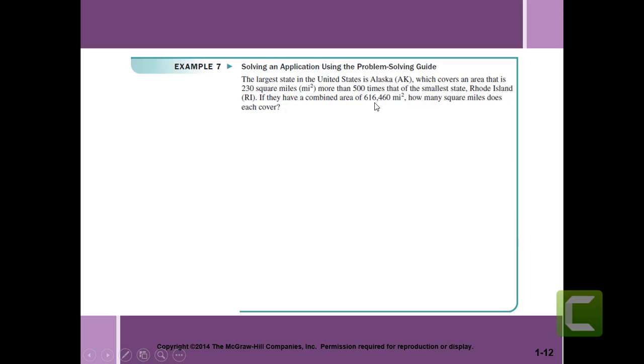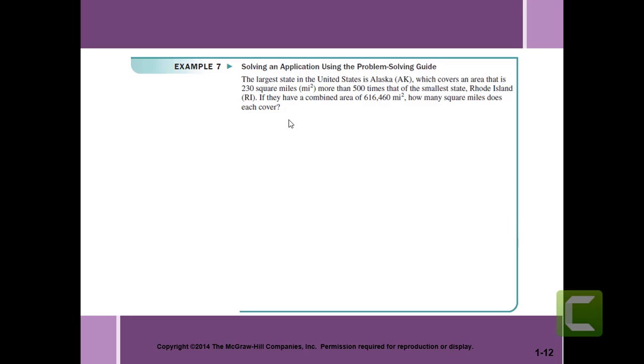And here's the question: how many square miles does each state cover? That's the unknown. So now what we have to do is figure out how to solve this given the information that we have.